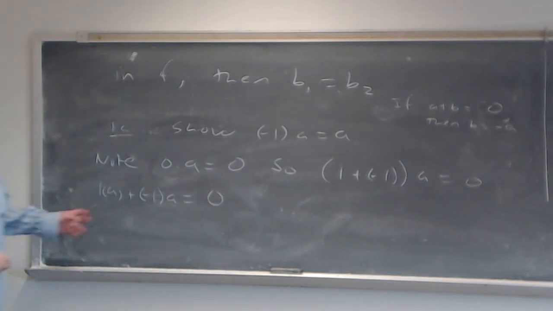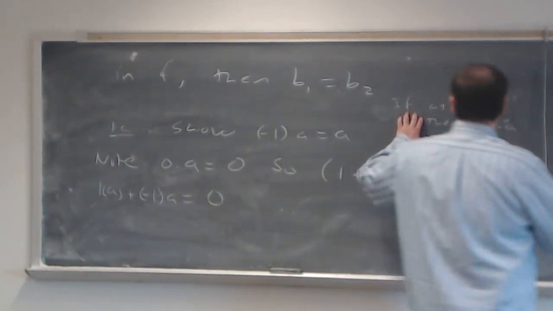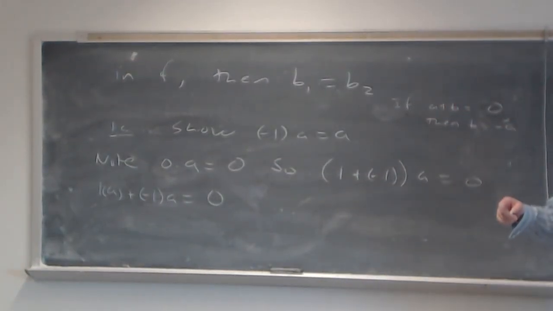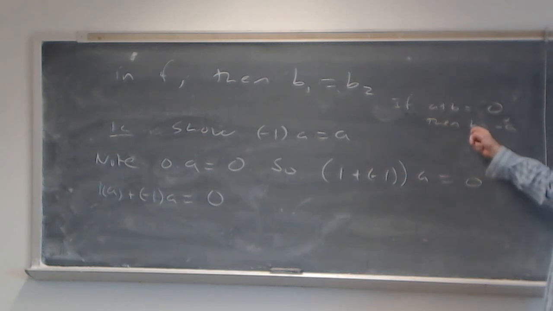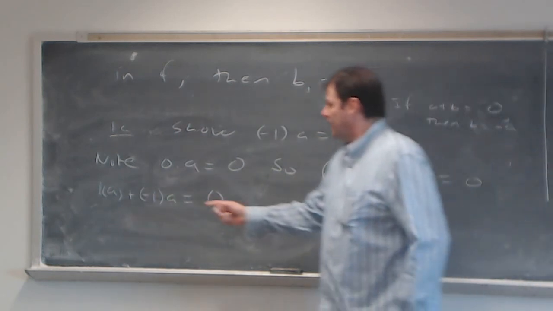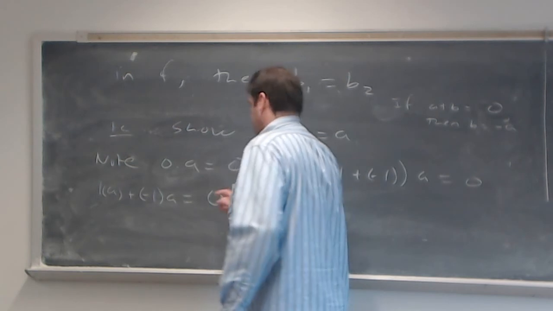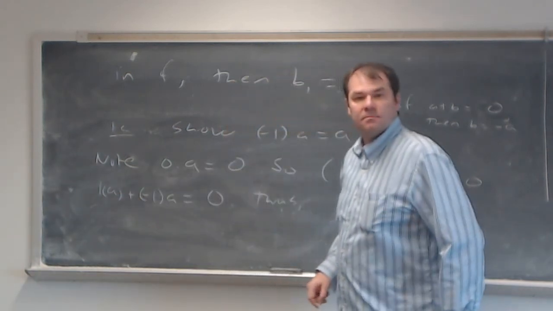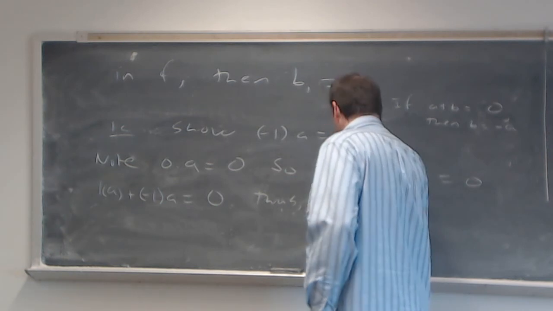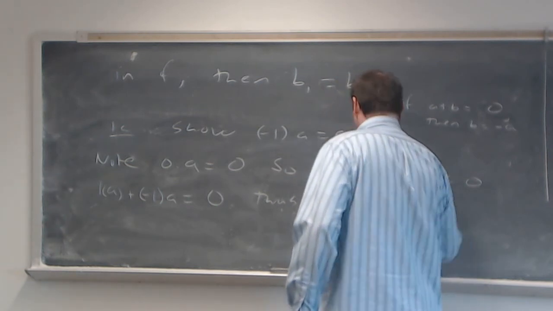Now, I'm in perfect position to use part 1A of the problem set. If you have first plus second equals 0, that means second equals minus the first. Before I get myself in that position, what's 1 times A, Aldrin? A. So I got A plus minus 1 times A equals 0.